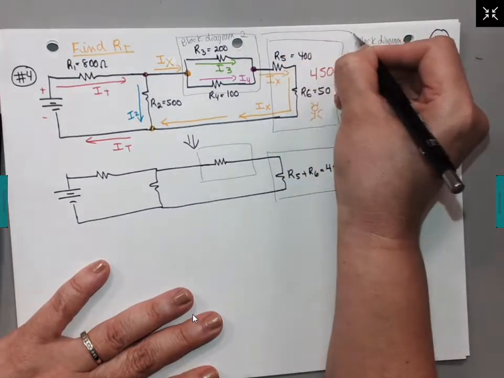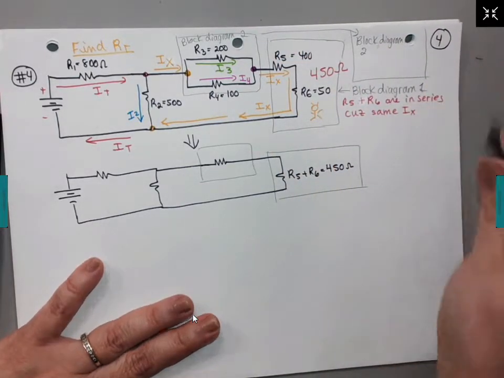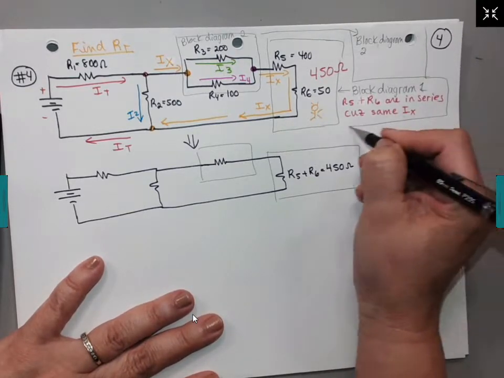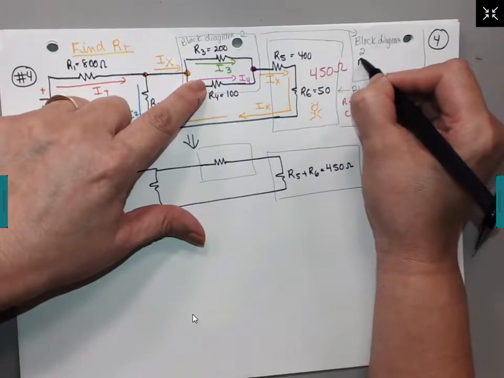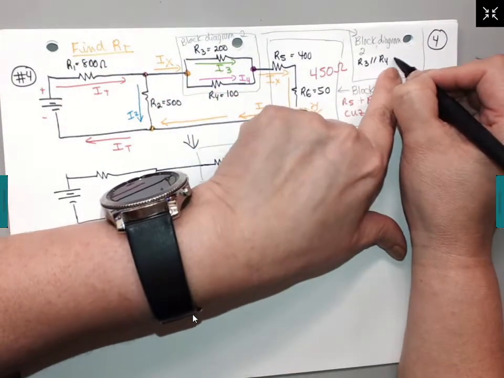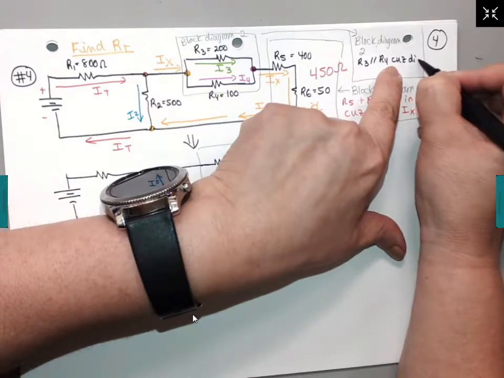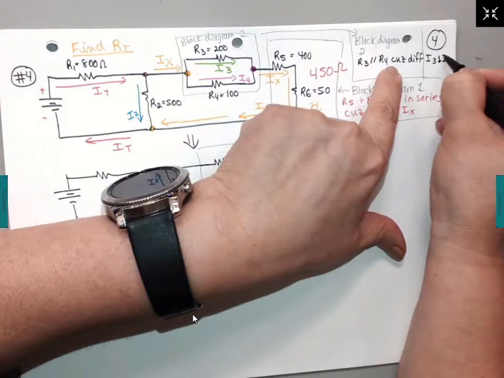That tells me those two guys are in parallel. So R3 is in parallel with R4, because of different currents, I3 and I4.